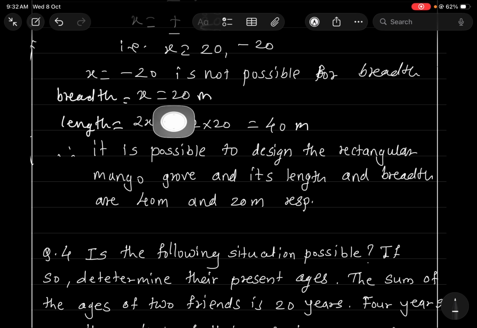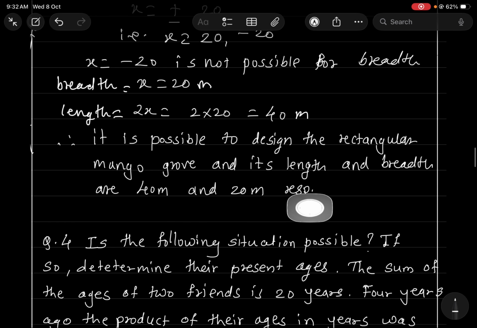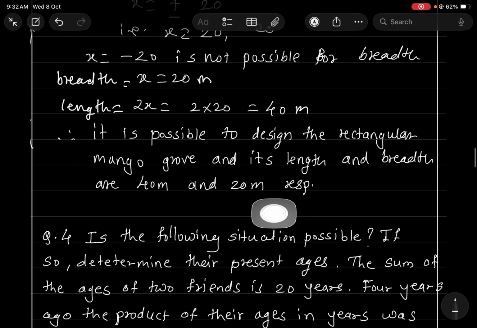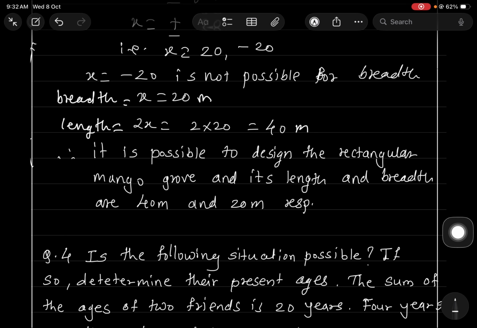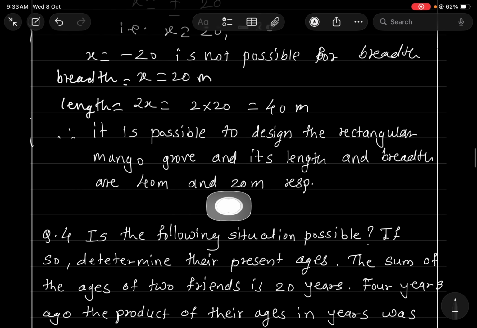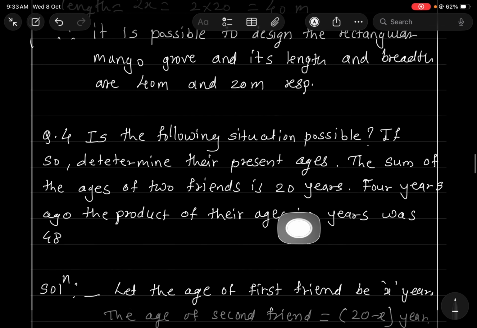Length is 2x, breadth is x, 20. If you multiply 20 into 40, you will get the area, 800. So it is possible to design the rectangular mango grove, and its length and breadth are 40 meter and 20 meter respectively.